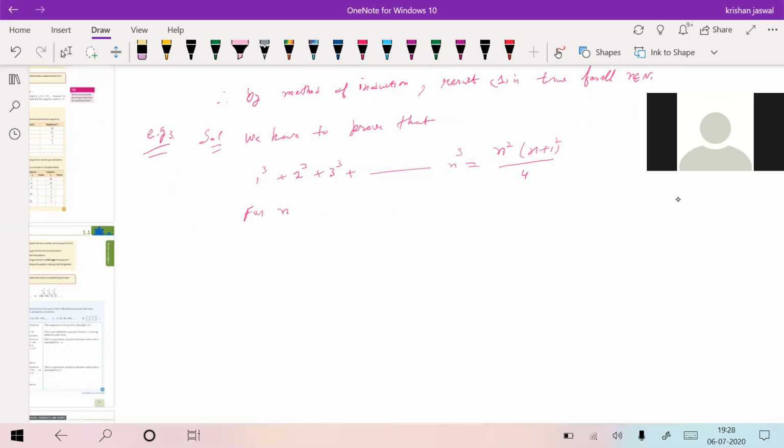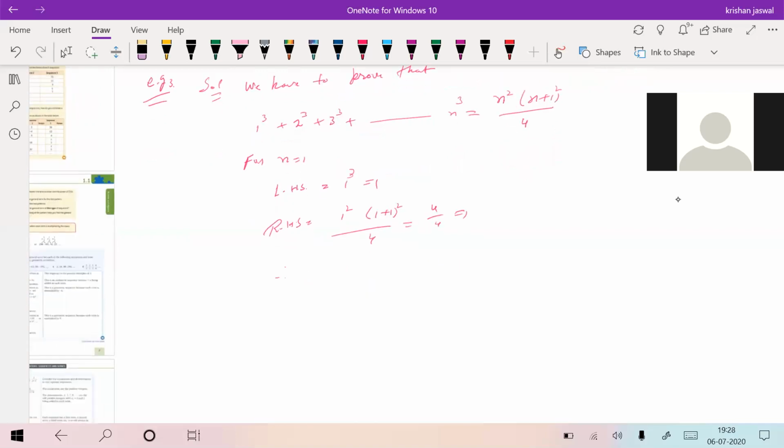For n is equal to 1, left hand side is 1 cube, which is equal to 1, and right hand side is 1 square into 1 plus 1 whole square over 4, which is 4 over 4, equal to 1.